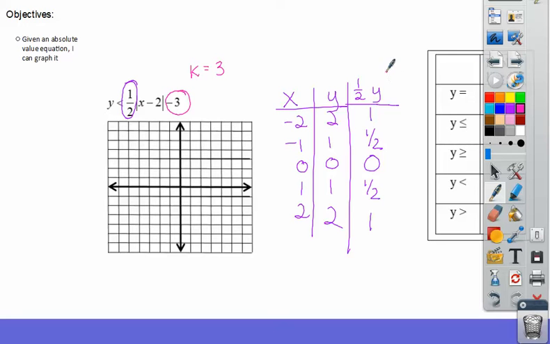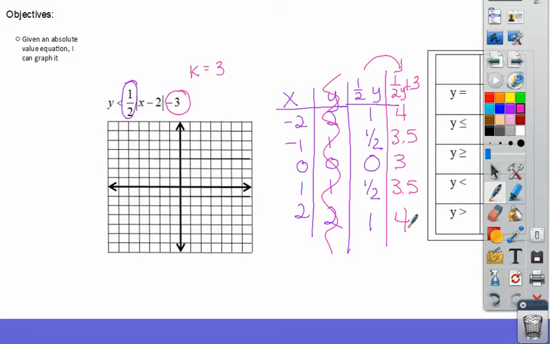So I'm going to take 1/2 y and add 3. This one's gone now that I multiplied it by half. So I'm going to add 3, I get 4. I get 3.5, 3, 3.5, and 4. And now this one's gone.